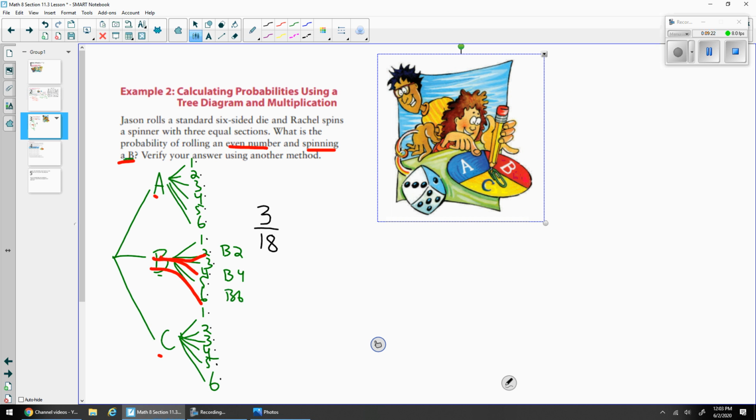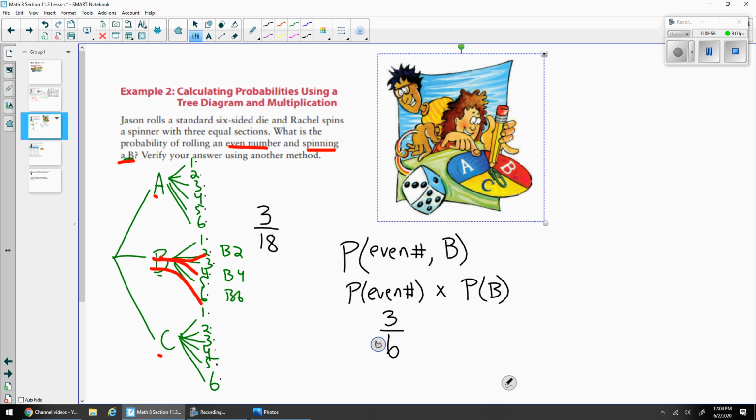What else could we do? Well, if we wanted to find the probability of an even number and B, we can just take the probability of an even number from rolling the die and multiply it by the probability of getting a B. The probability of getting an even number on a die: well, there's 2, 4, and 6, so 3 of the outcomes out of the 6, multiplied by the probability of getting a B, which is 1 out of 3. 3 out of 6 times 1 out of 3 is 3 out of 18.